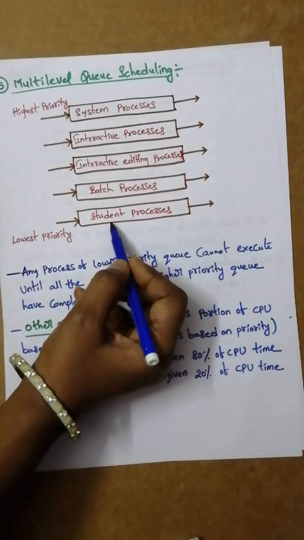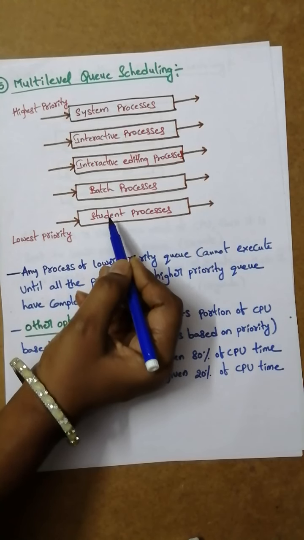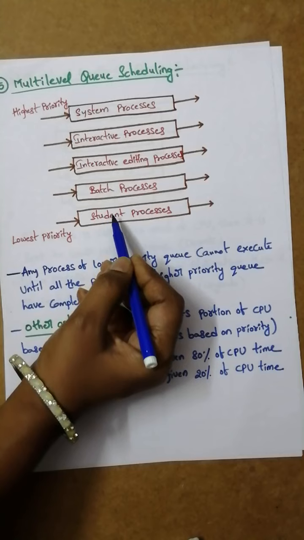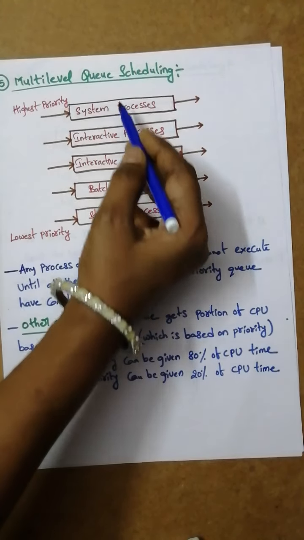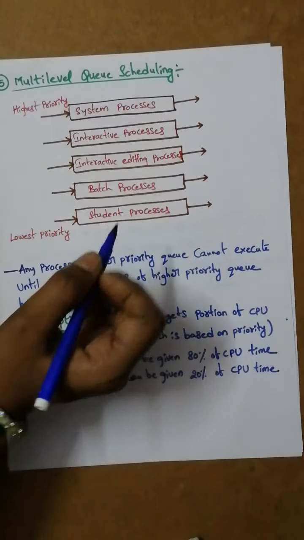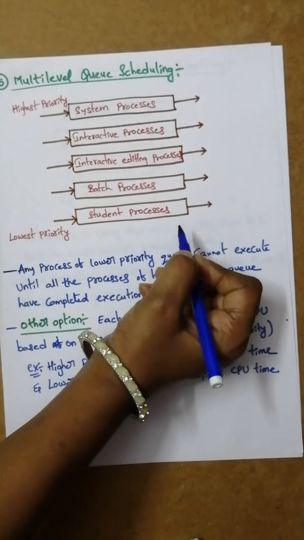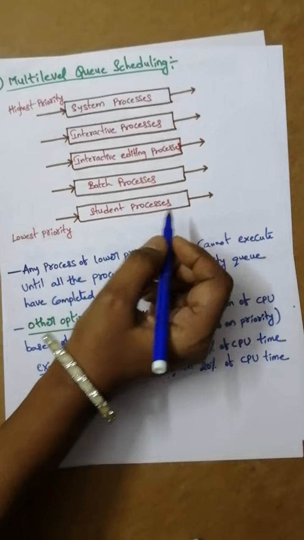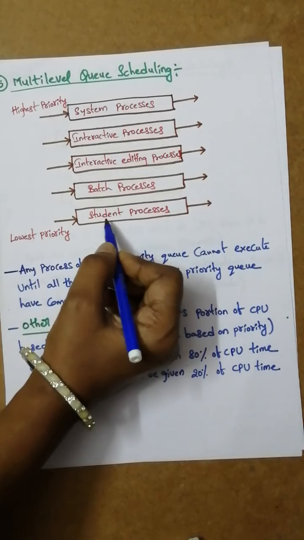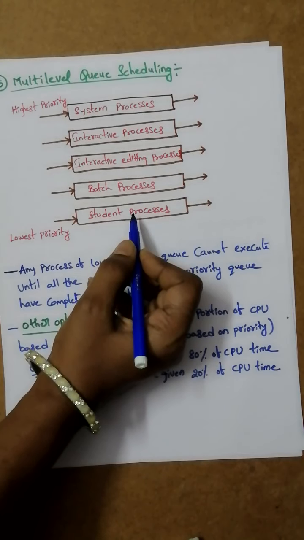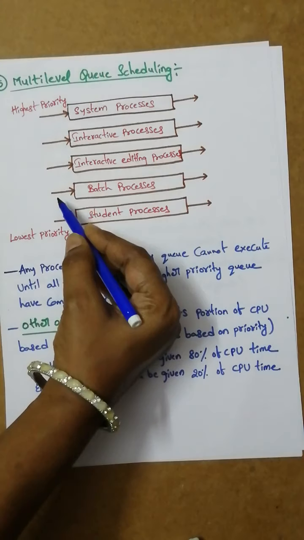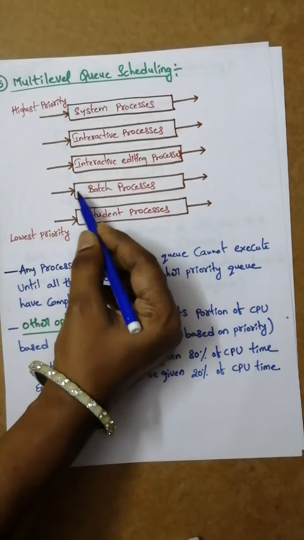Likewise, a lower priority process will get a chance to utilize the CPU only if the above four queues are empty. That is one condition, and there is one more thing. Imagine that the CPU came to the last queue, a process in this queue is executing, and in between, suddenly a process comes into the higher priority queue.